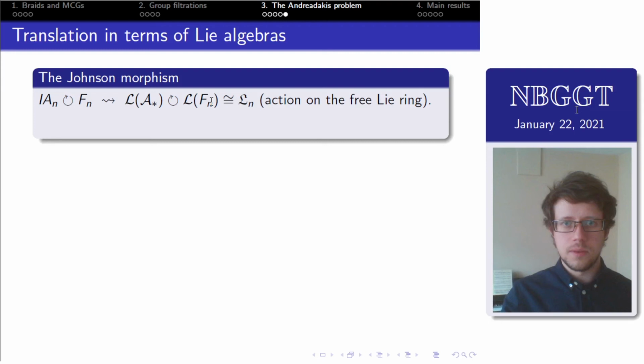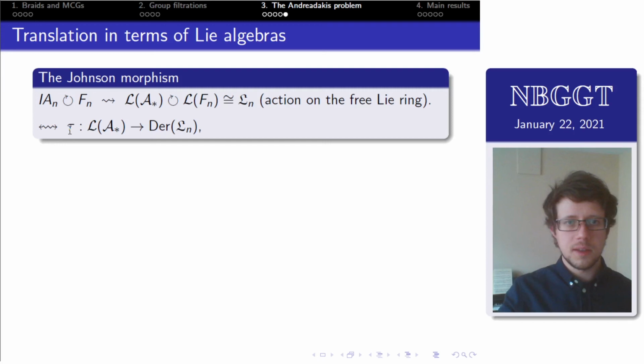And an action of Lie algebras is exactly an action by derivations. This was an action by group automorphisms, an action in the category of groups, and here we have an action in the category of Lie algebras, which means exactly that we have some morphism going from this associated graded of the Andreadakis filtration to derivations of the free Lie ring.